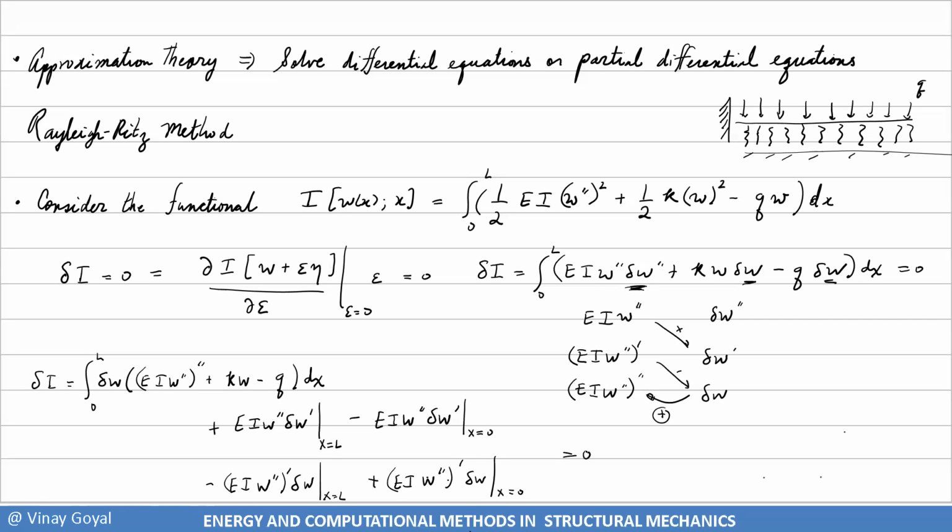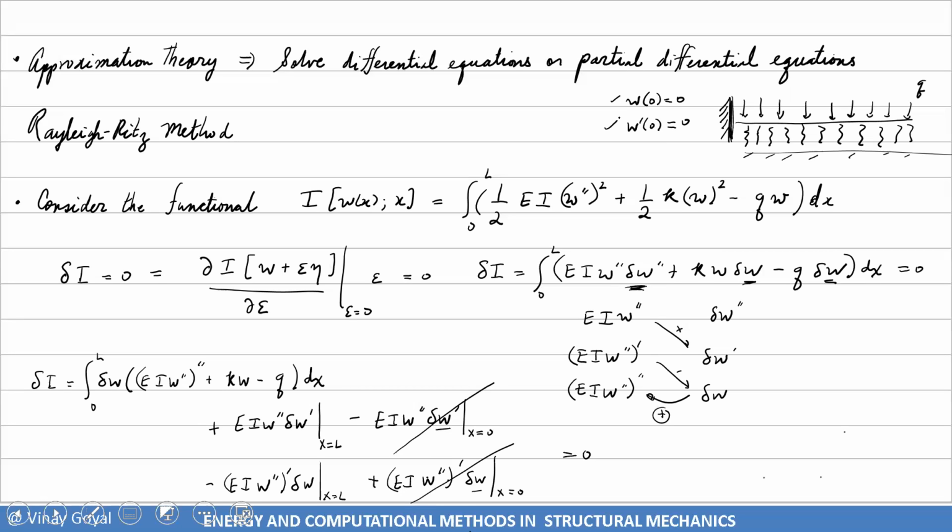And obviously at this boundary, W is 0 and W prime is 0, so obviously those boundary terms are 0. In our case, W is specified at x equals 0, so this goes away because W is specified. This goes away because W prime is also 0 at that boundary.